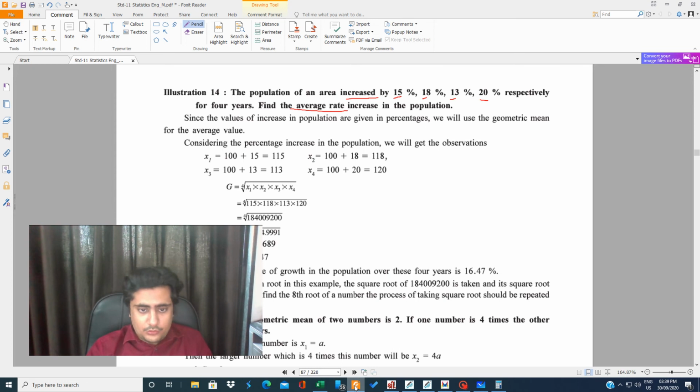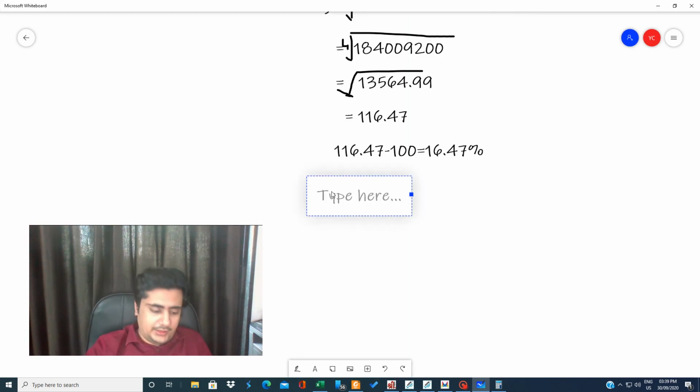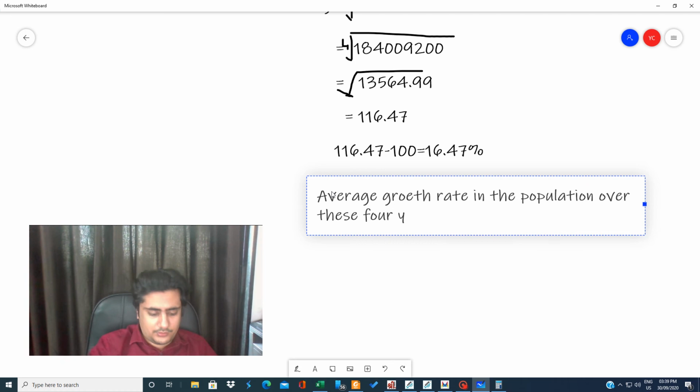You will write that the average growth rate in the population over these 4 years is 16.47%.